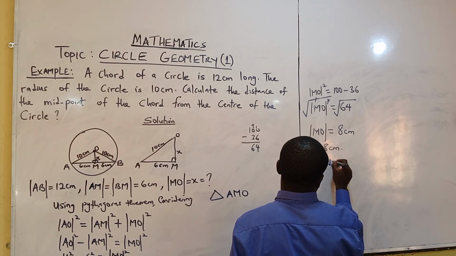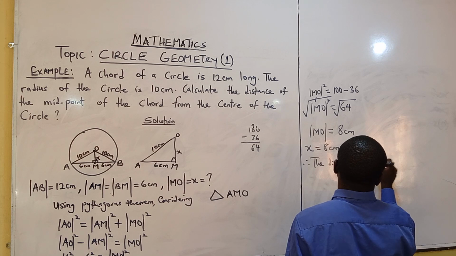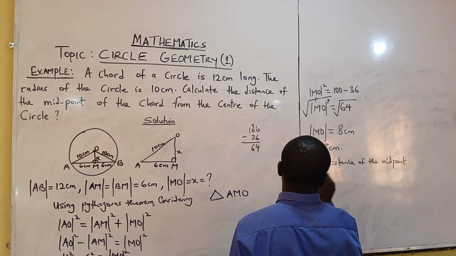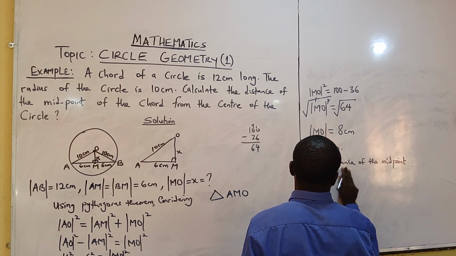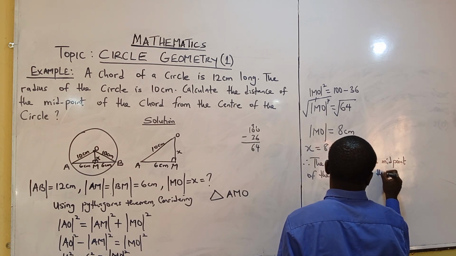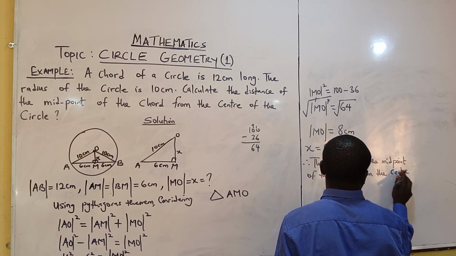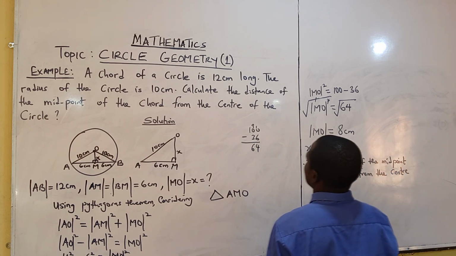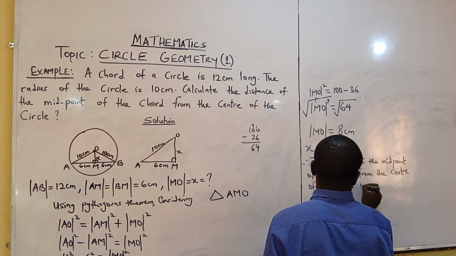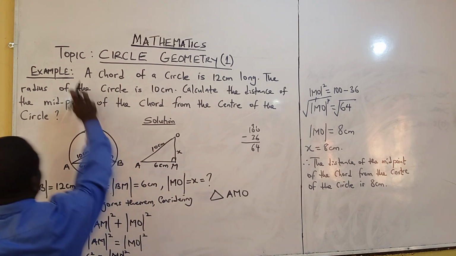Therefore the distance of the midpoint of the chord from the center of the circle is 8 centimeter. Okay, that's example 1.